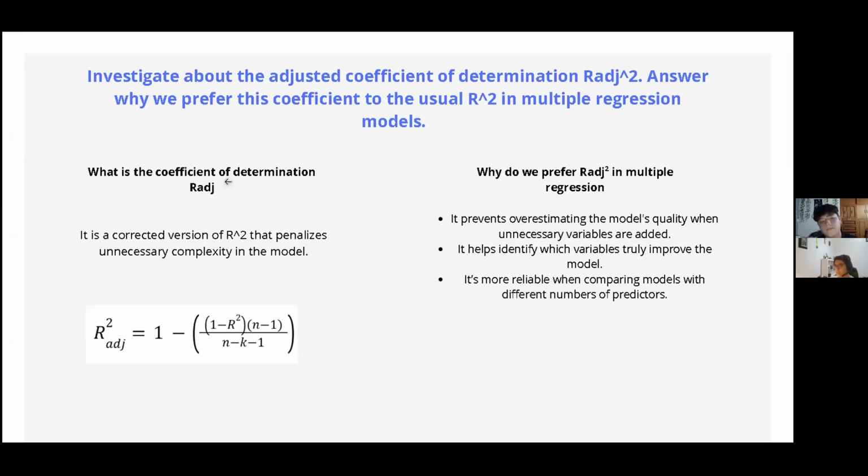We prefer adjusted R squared in multiple regression because it helps avoid overfitting by penalizing unnecessary variables, and it gives a more realistic view of the model performance. Also, it allows us to compare models with different numbers of predictors more fairly.